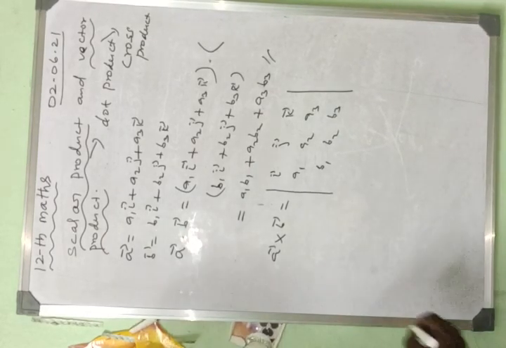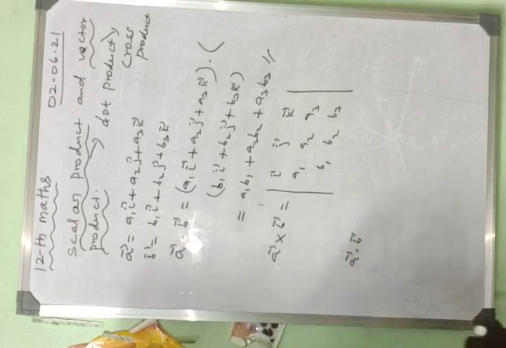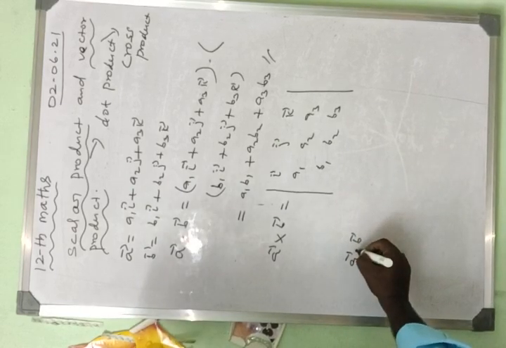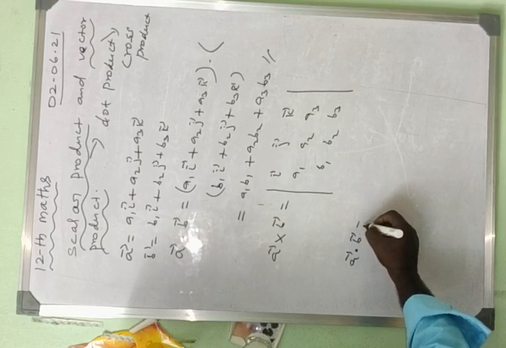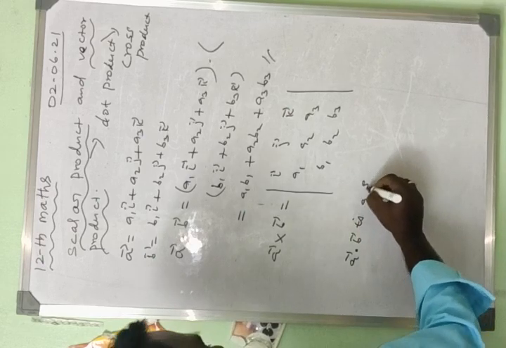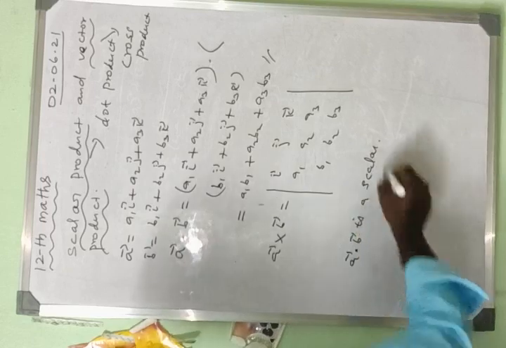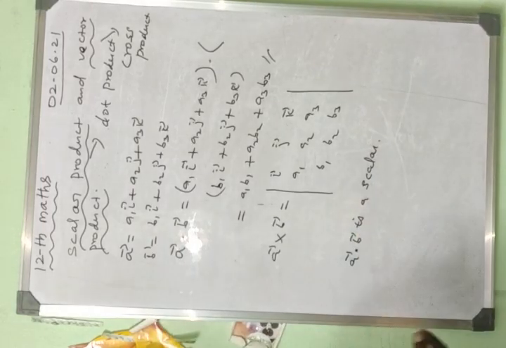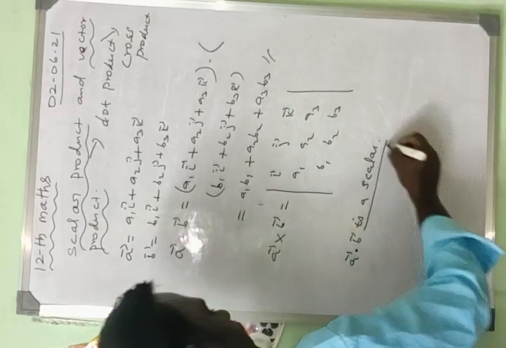Now a very important note. We take any two vectors and take the dot product, we get a scalar.